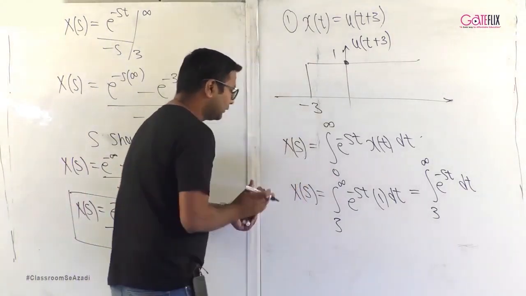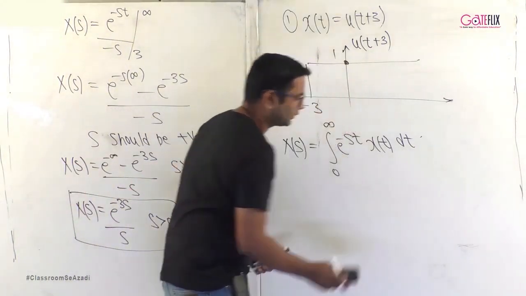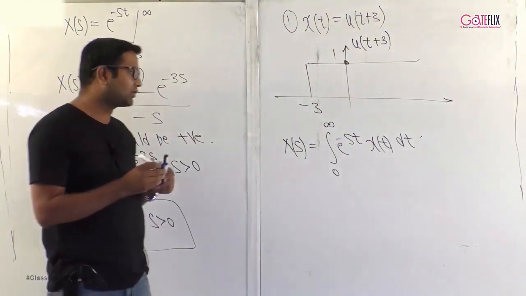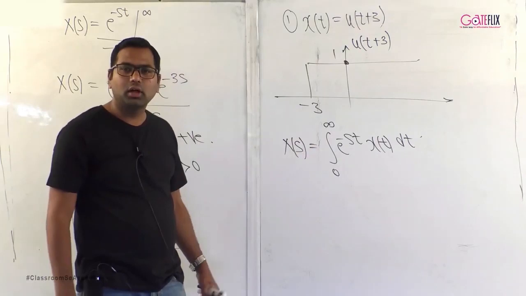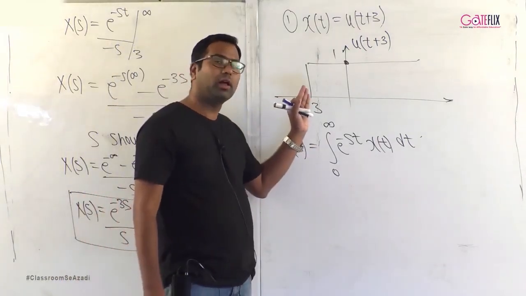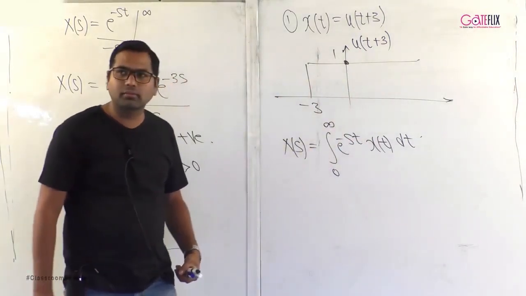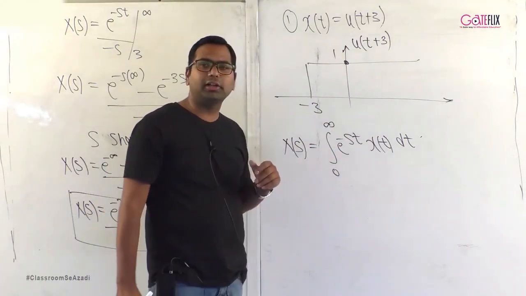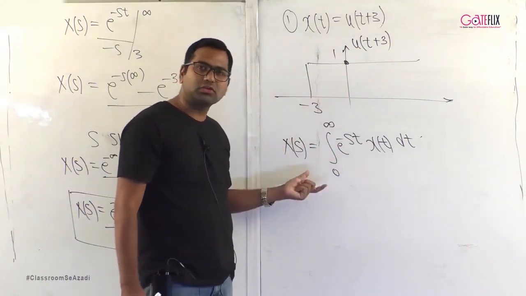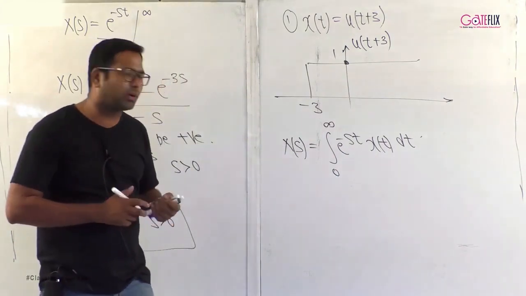Now, as per definition, the unilateral Laplace transform has to be integrated from 0 to infinity. But the function is going from minus 3 to infinity. In such a case, we will take the function only from 0 to infinity, because the negative side is not allowed in unilateral Laplace transform.